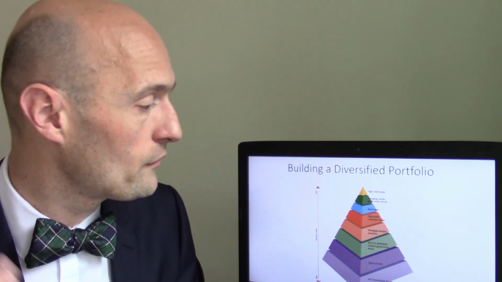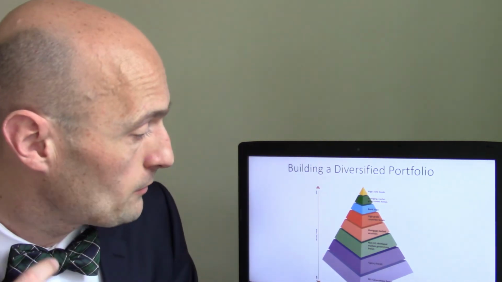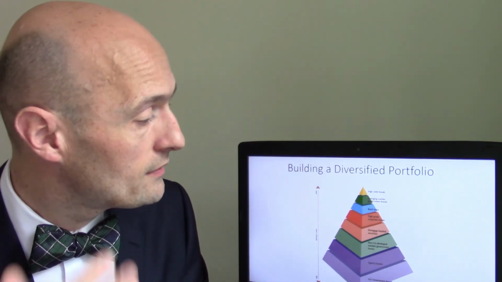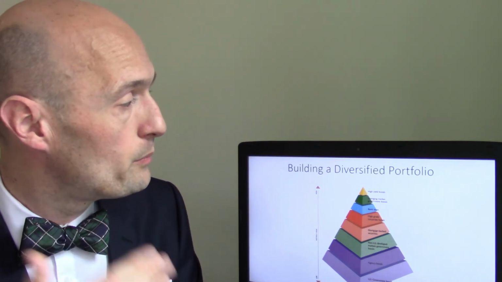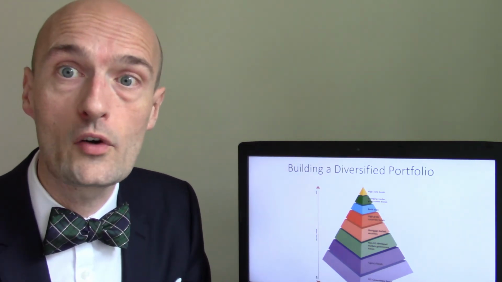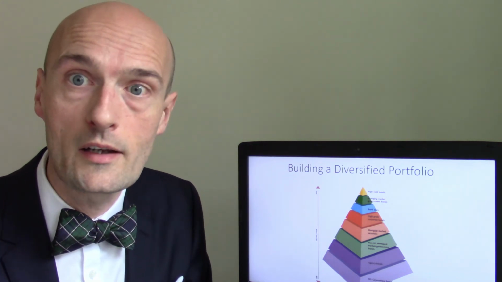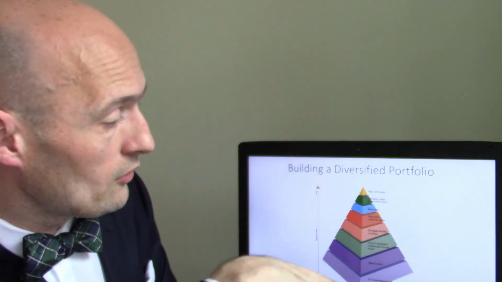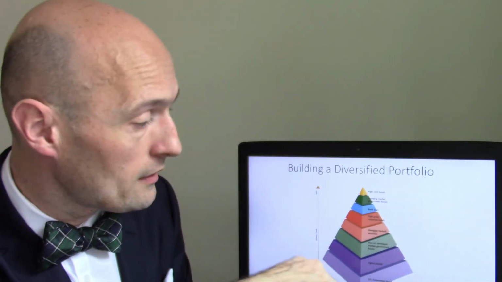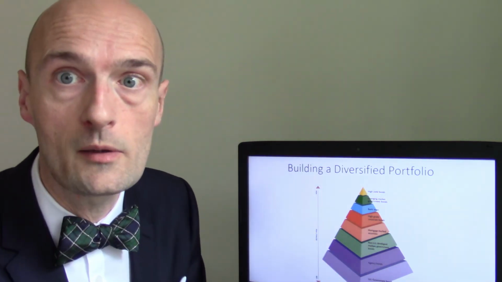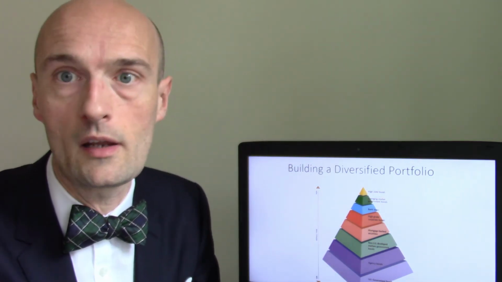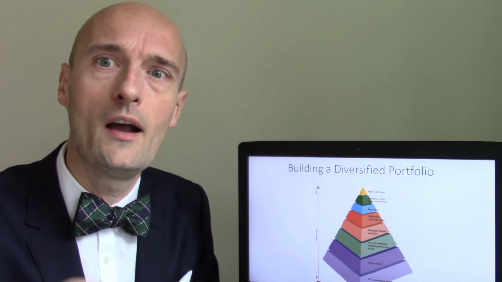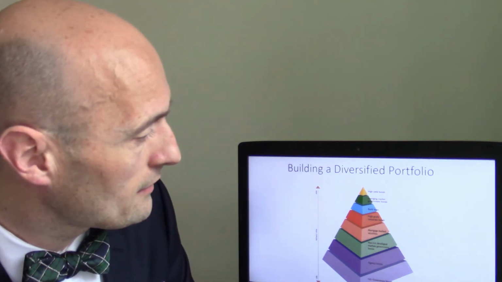Building a diversified portfolio. So I took this slide from the Oppenheimer Fund's website. They're a big bond manager, and they say that you should build a diversified portfolio within different types of bonds, different ratings of bonds, and different expirations and so on. So we've got here at the bottom of their pyramid, the biggest weighting is US government bonds, then agency bonds. That means government agencies in the United States like Fannie Mae and Freddie Mac, and student loan bonds and things like that.